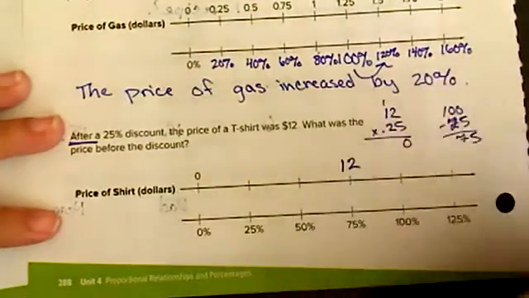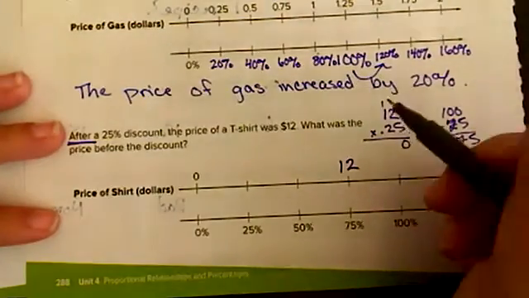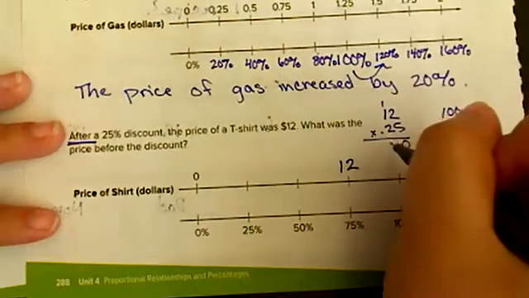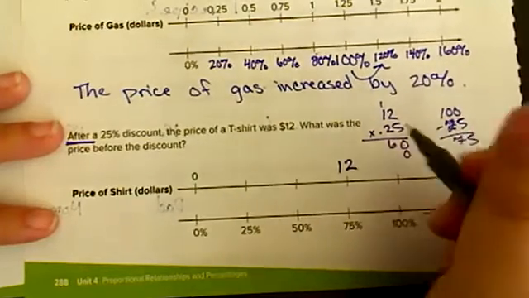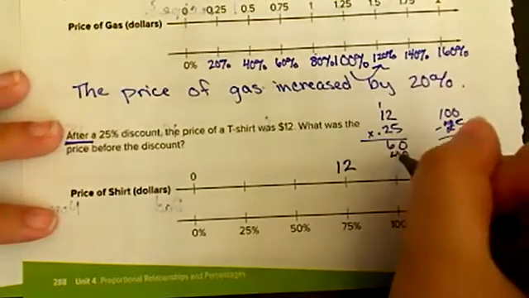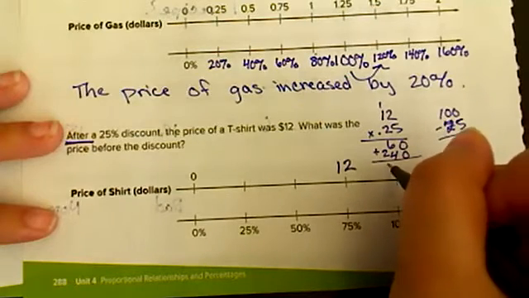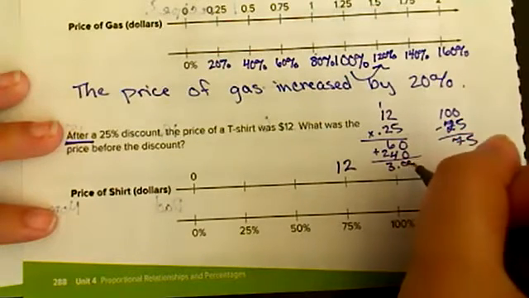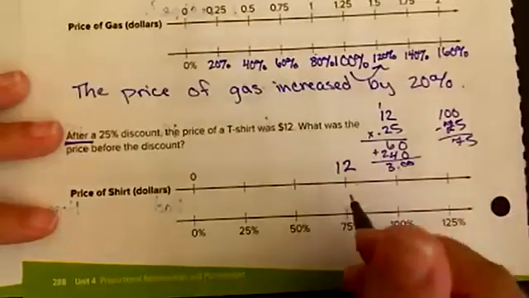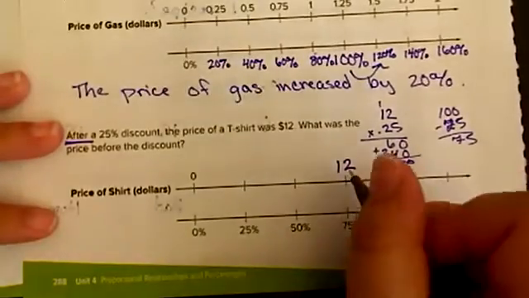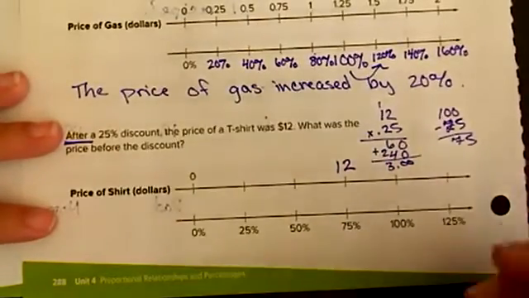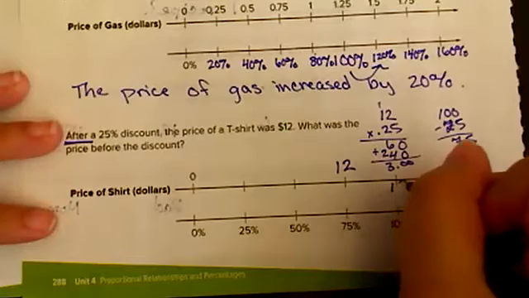Carry the 1. 5 times 1 is 5, plus 1 is 6. Put a placeholder. 2 times 2 is 4. 2 times 1 is 2. Add that together. We're going to have $3. So we're going to be going up $3. So 12 plus $3 is 15.